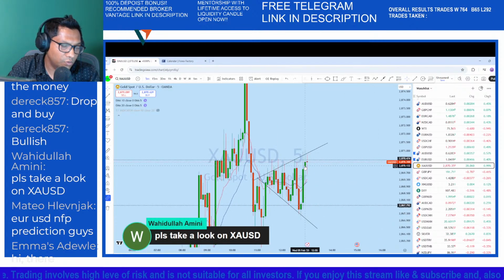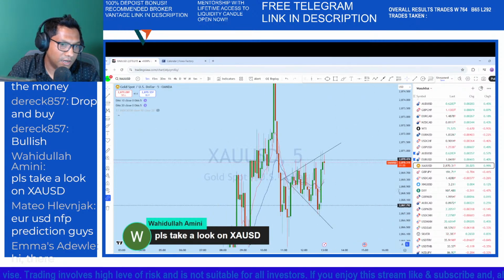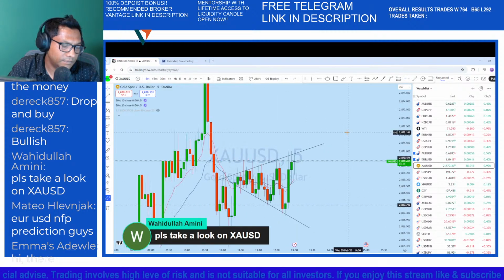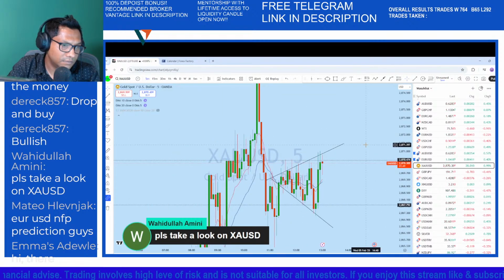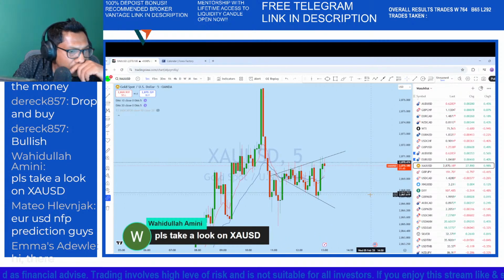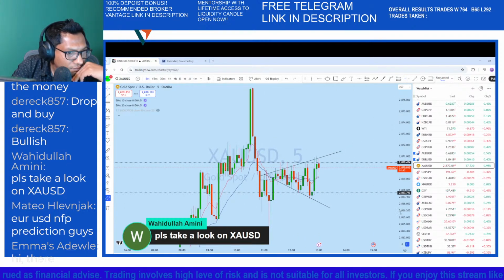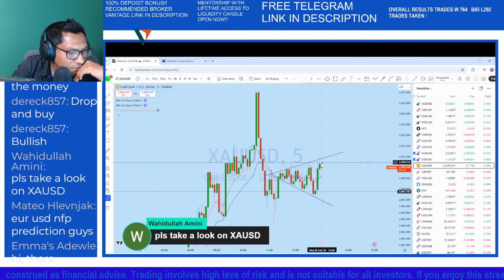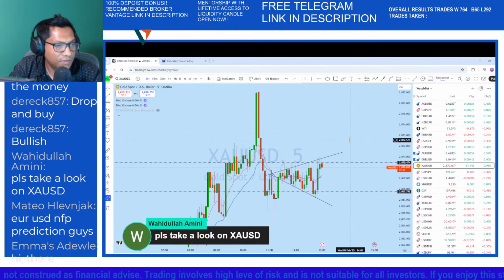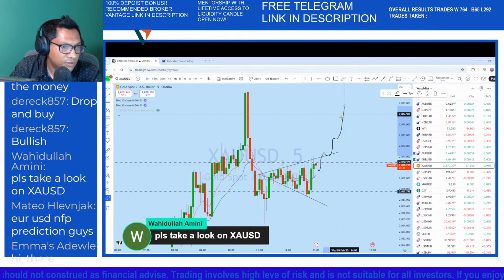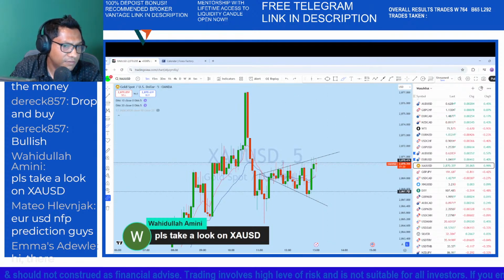Here is a move, expecting for the market to potentially trend. Probably will see that trend here.